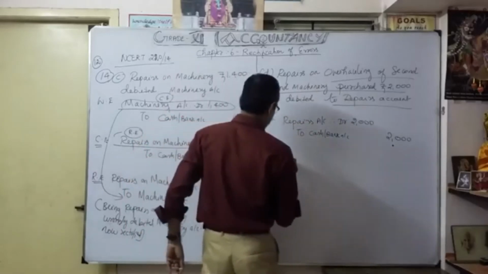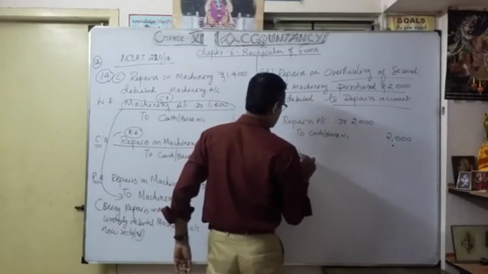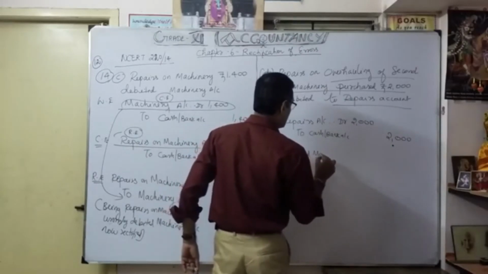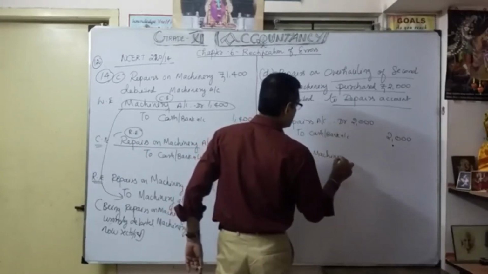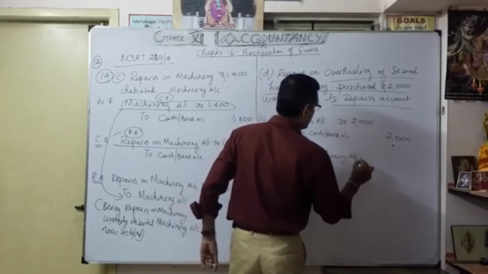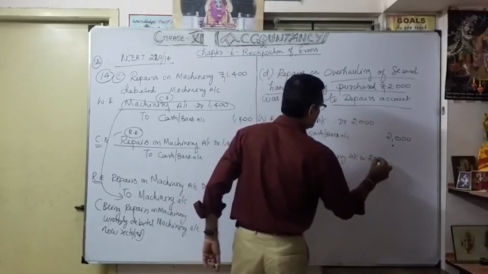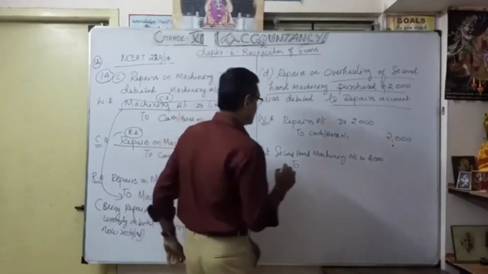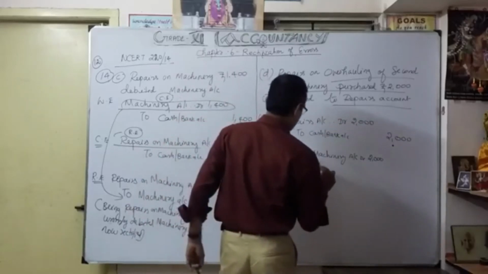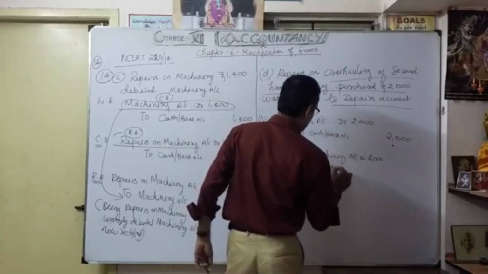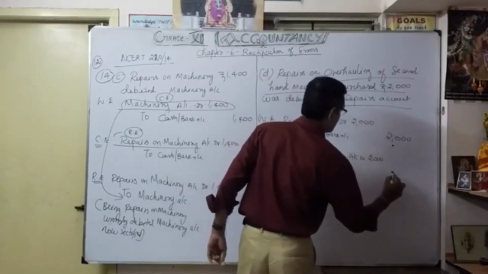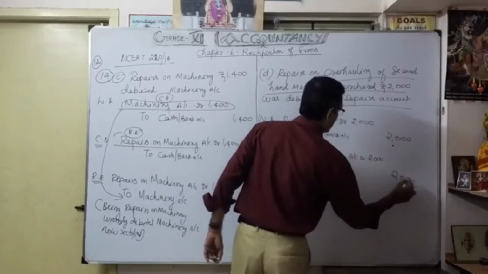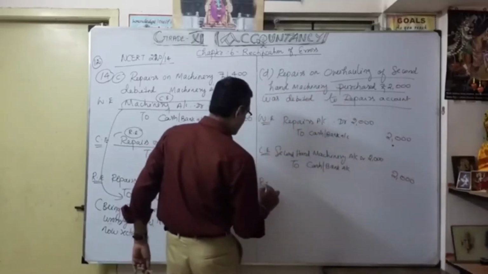You can write second-hand machinery, or only machinery, account debit 2000. Debit second-hand machinery only, not repairs account, to cash or bank account. How much? 2000. Okay.